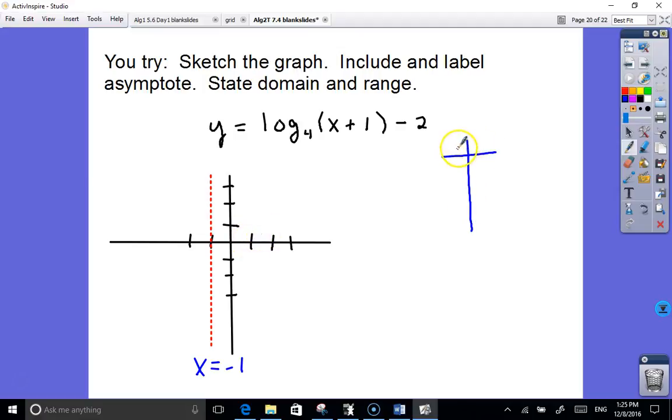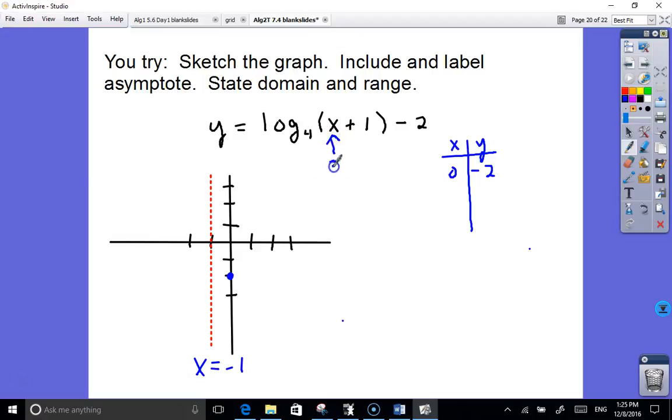Okay, then for a couple points, again, I can start with the x-intercept of 1, 0. Has been moved 1 to the left and 2 down. So if I started here, I went 1 to the left and 2 down, it looks like 0, -2. And then what value could I plug in for x there so that I have log base 4 of 4? 3, right?